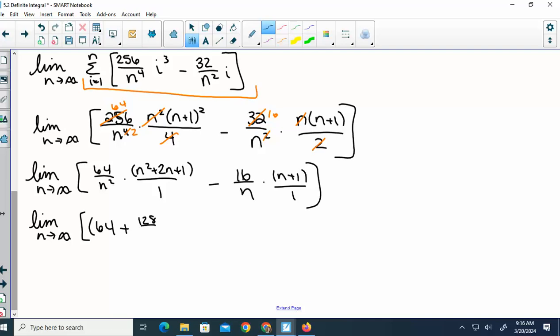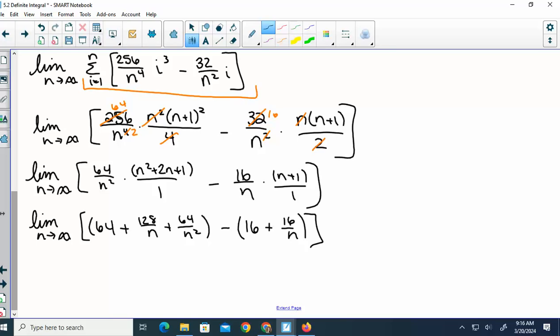That would be 128 over n. 64 times 1 is 64 over n squared. Minus, based on this one, 16n over n is 16, and 16 over n. Have I lost anyone there?